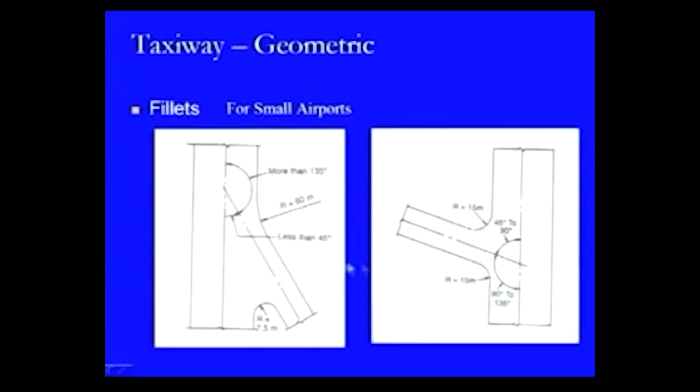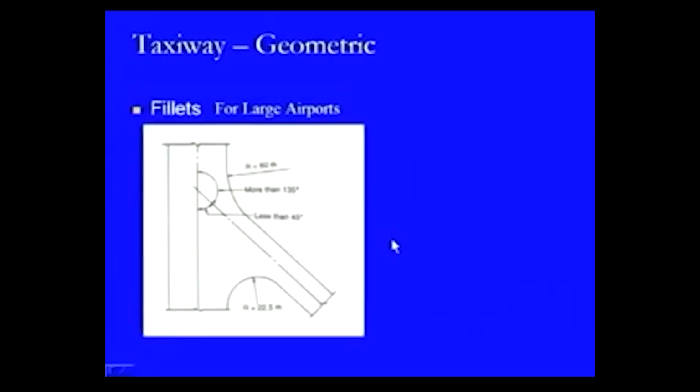Here is another condition where the runway is connected with the taxiway. The angle is between 45 and 90 degrees, therefore the radius is 15 meters, and this angle is between 90 and 135 degrees, so for that condition also the radius remains 15 meters. So, that is for the small airport condition.